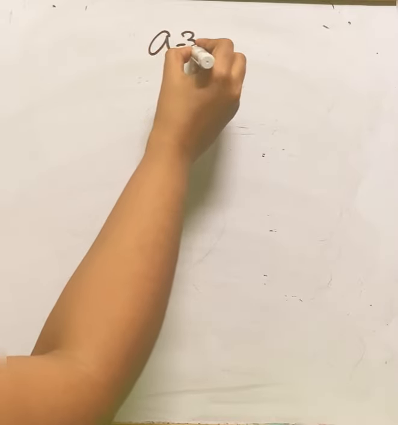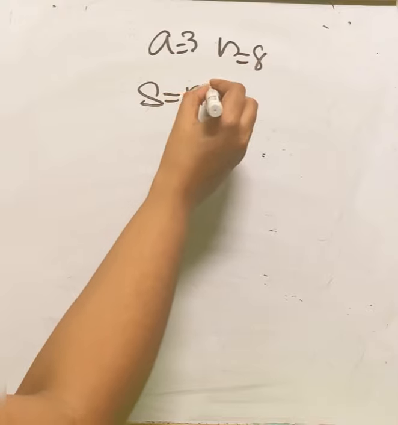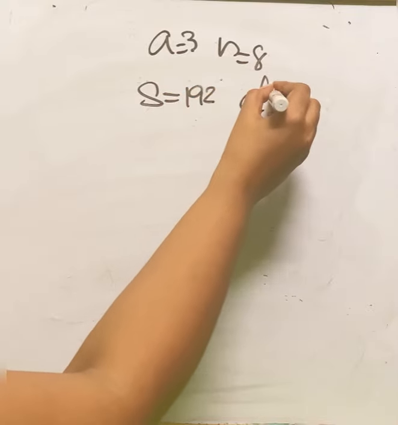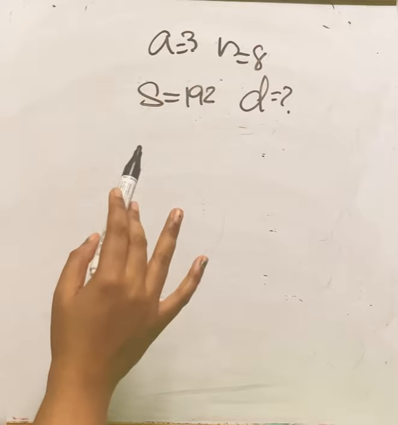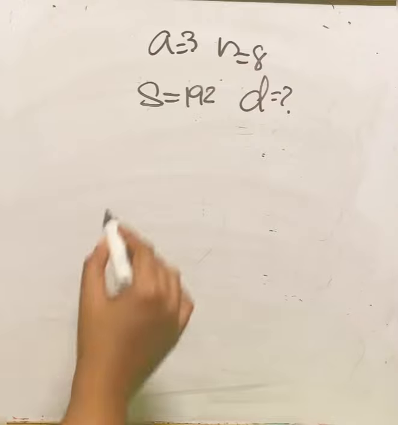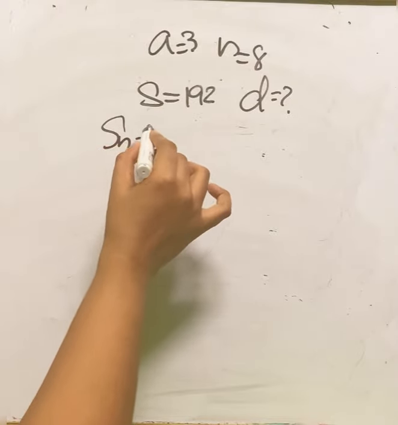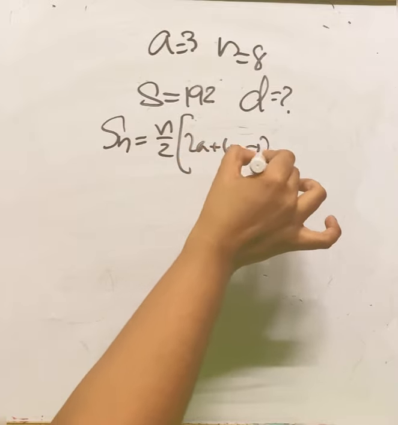Next question, a equal to 3, n equal to 8, S equal to 192. Find d. Here the first term is given, n is given, sum is given. We have to find d and we know Sn, that is the sum, equal to n by 2 into 2a plus n minus 1 into d.